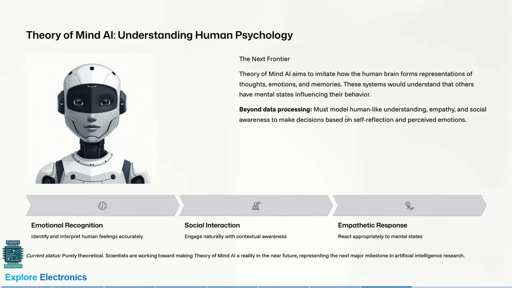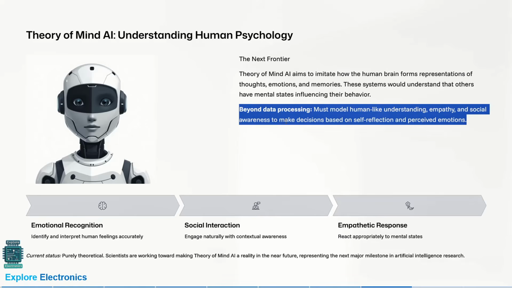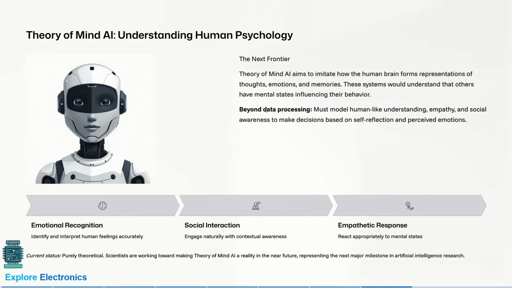Beyond data processing, this must model human-like understanding, empathy, and social awareness to make decisions based on self-reflection and perceived emotions. We can directly compare this with the human intelligence we have because of the human brain functionalities. So this can do emotional recognition, social interaction, and empathetic responses as well.